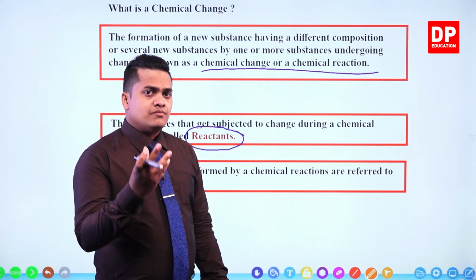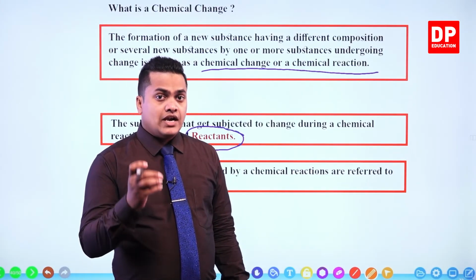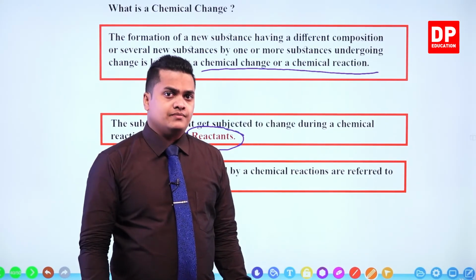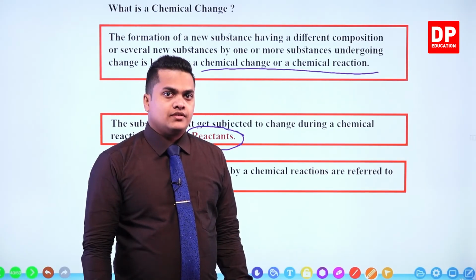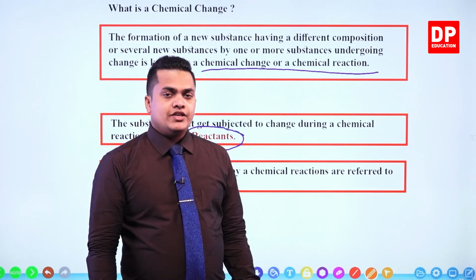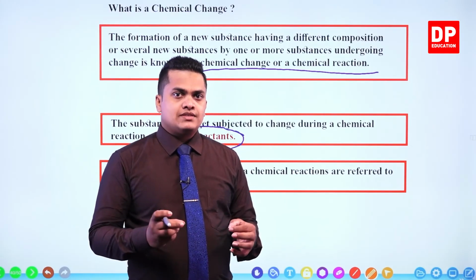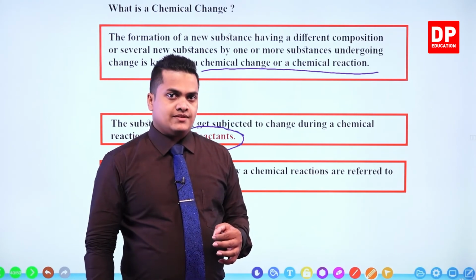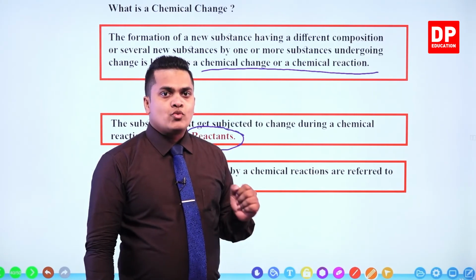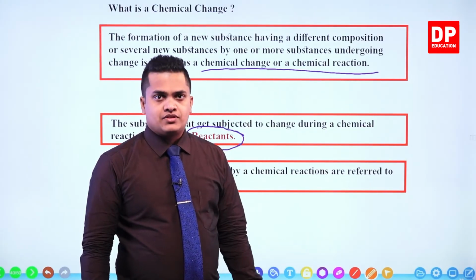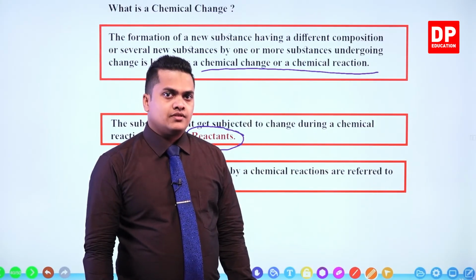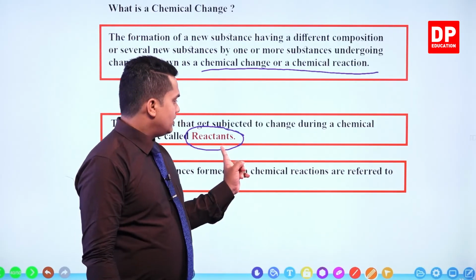The initial substances that we are going to introduce into the system are called reactants. Reactants, right? During a chemical change, the initial substances that enter the system are called reactants. Initial substances, starting substances are reactants.